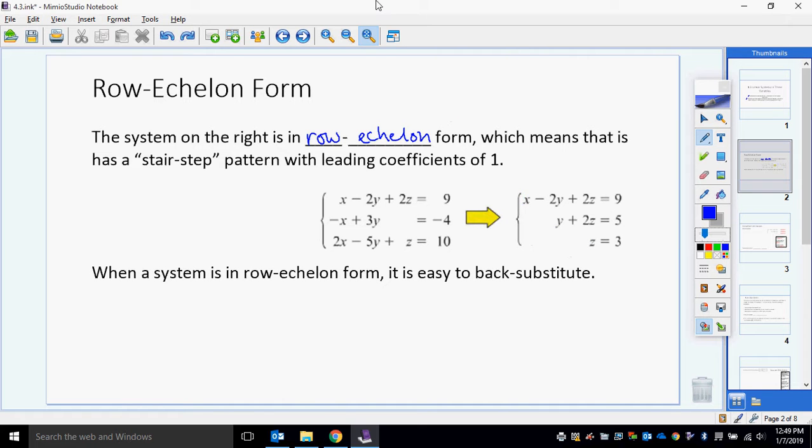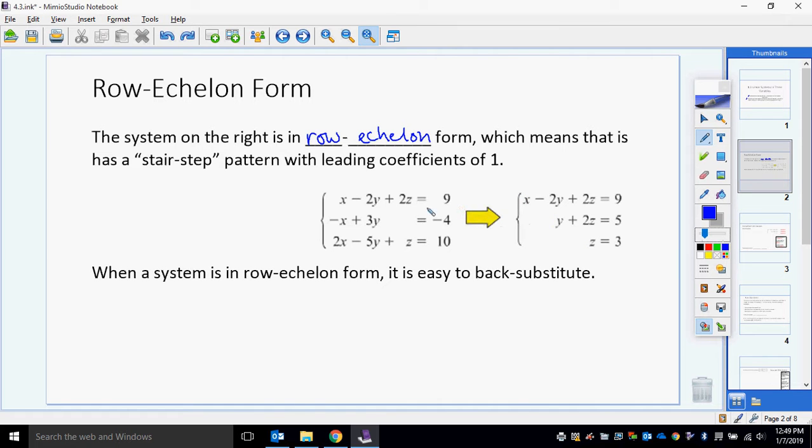And it's a stair-step type of pattern where this has an x, but this one doesn't. It just has a y. It can have a z, it doesn't have to. But as long as it has a y and this one has an x. And then the third one can't have an x or it can't have a y, it just has a z. So it's in this stair-step pattern where each coefficient in the lead is the number 1.